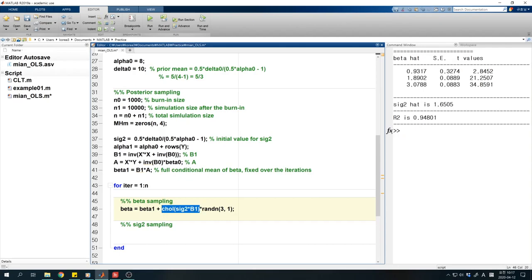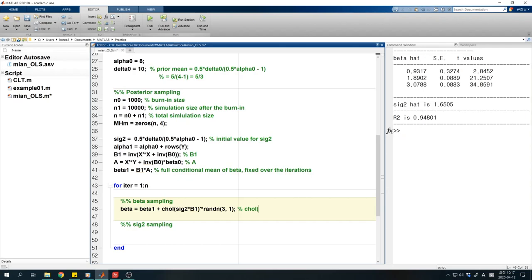This gives the upper triangular matrix, but what we need is the lower triangular matrix. To get the lower triangular matrix, we need to put the transpose, which is prime.